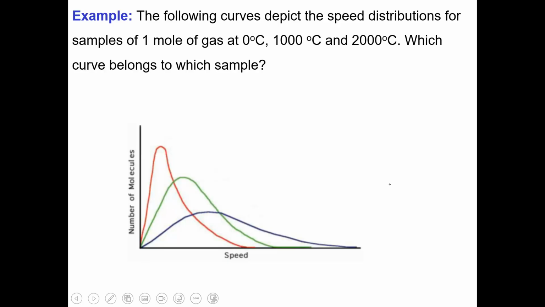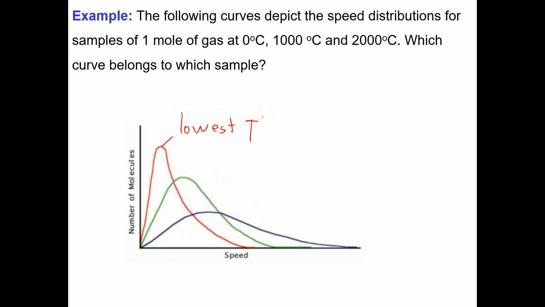So here's an example problem where you're asked to think about labeling a series of curves. It says the following curves depict the speed distributions of samples of 1 mole of gas at 0, 1000, and 2000 degrees Celsius. Which curve belongs to which sample? So lower temperature means slower speeds and narrower distribution.